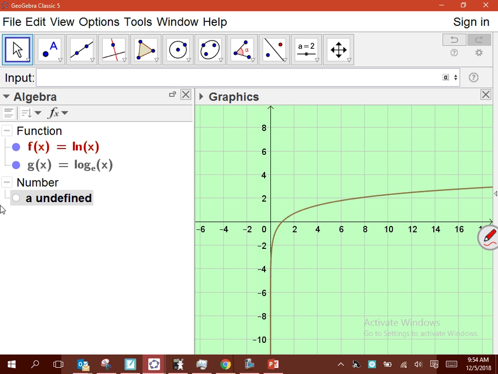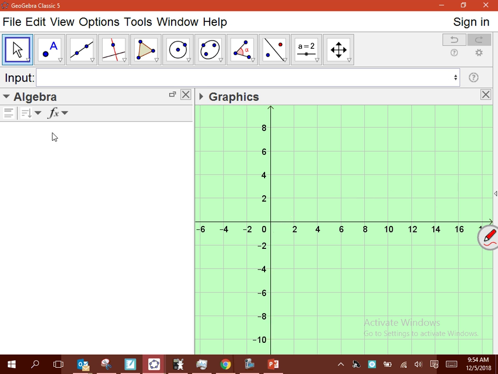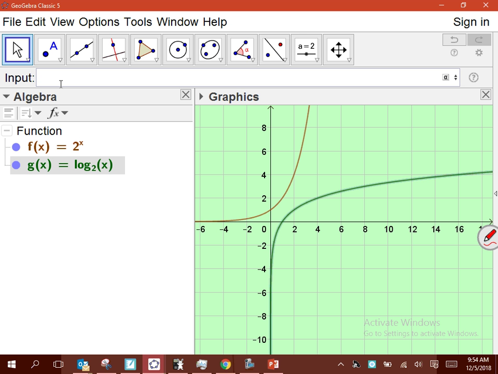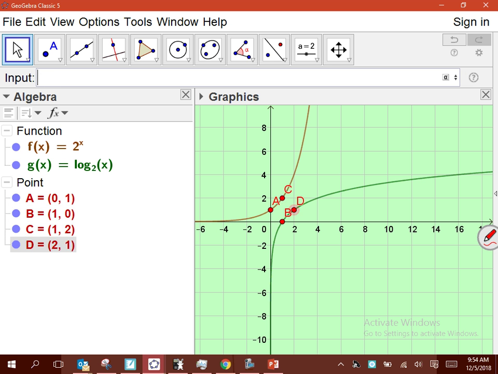So when I graph these 2 things, just kind of showing you the comparison here. We had 2 to the x. Then I have log base 2 of x. If I plot the point, like we said, we had 0 comma 1. If I plot 1 comma 0, it shows up there. I had 1 comma 2, so I should have 2 comma 1.